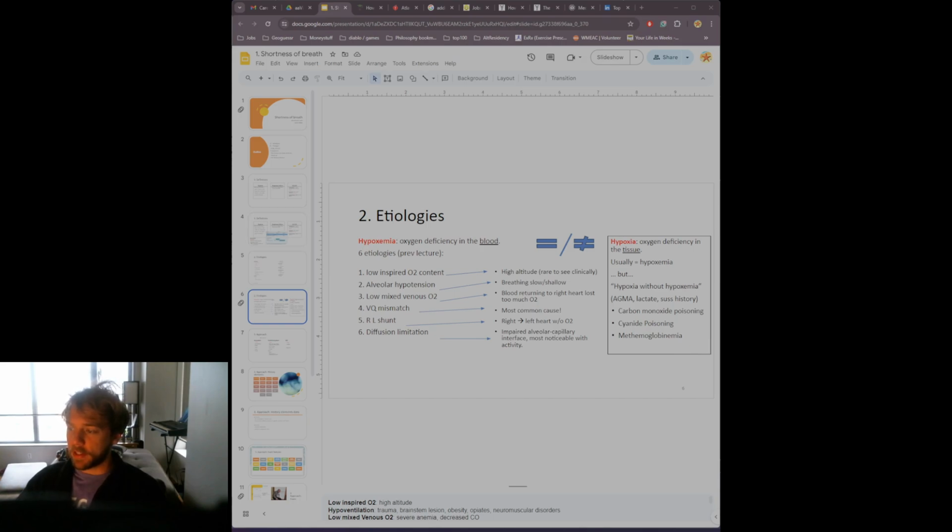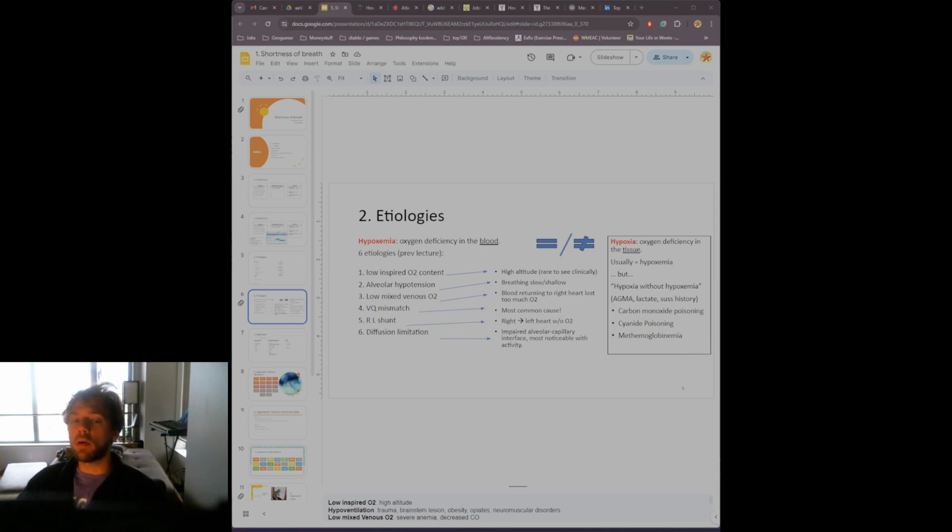The next is a VQ mismatch, which I put as the most common cause. That's something you see in many of your diseases. You'll see it in heart failure, and in COPD exacerbations. Basically, it's the amount of ventilation per the amount of blood flow.